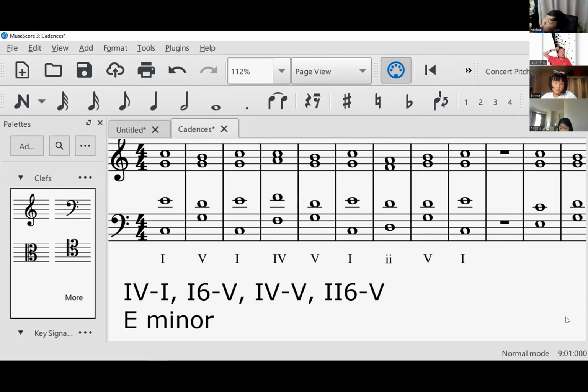So in first inversion for major triads in 4-part vertical style, you would usually double the third or the sixth.